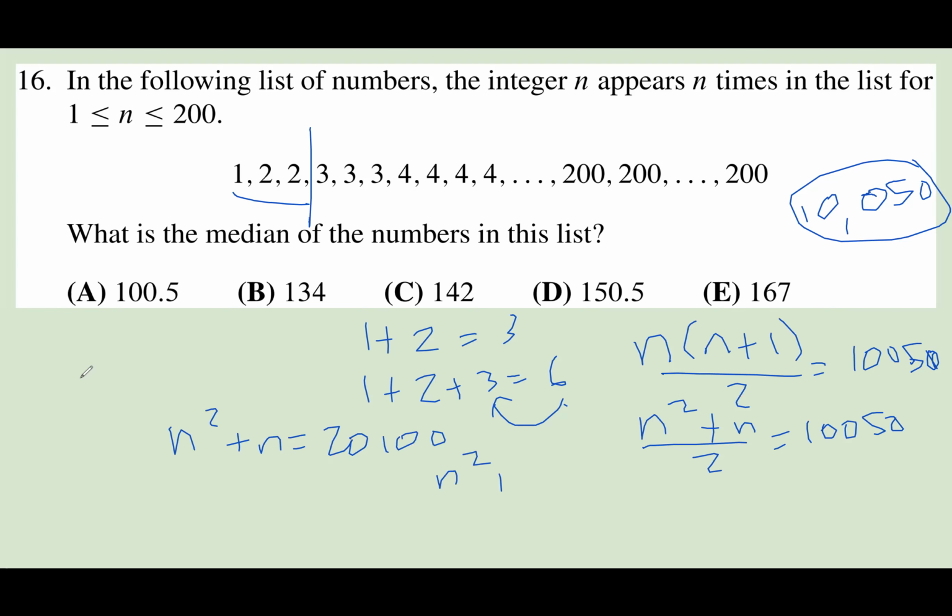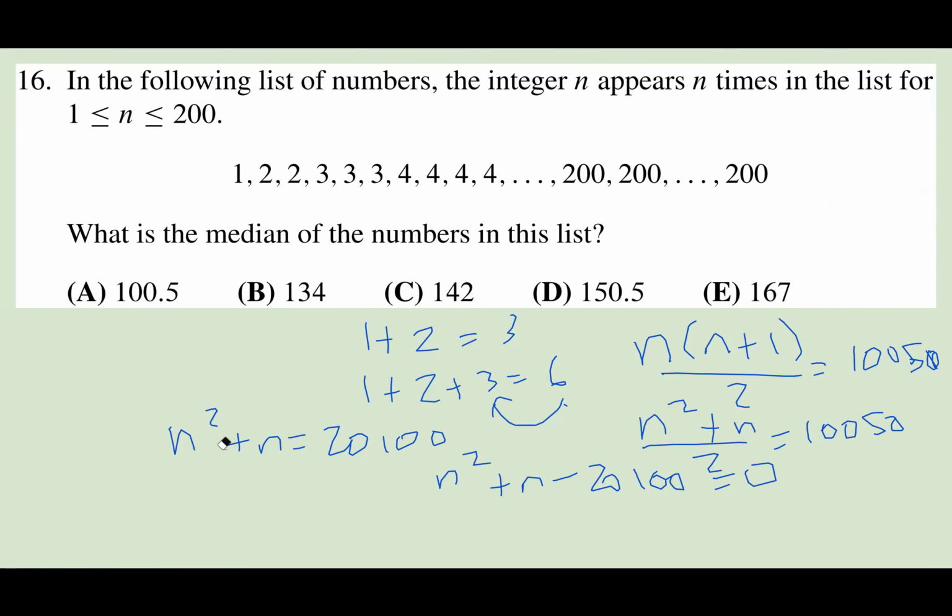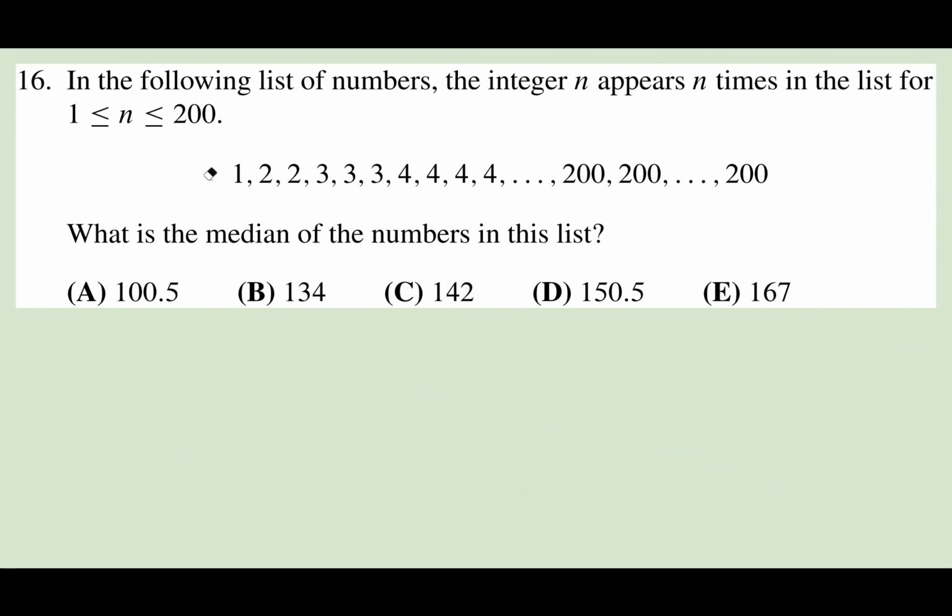N squared plus n minus 20100 equals 0. So we have to solve this quadratic, which does not look easy, right? I'm just going to delete this because I need more room. So we need to solve n squared plus n minus 20100 equals 0.